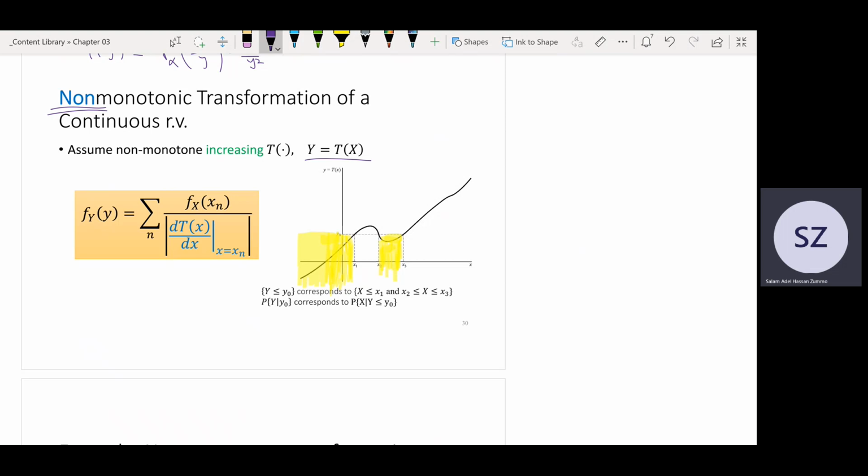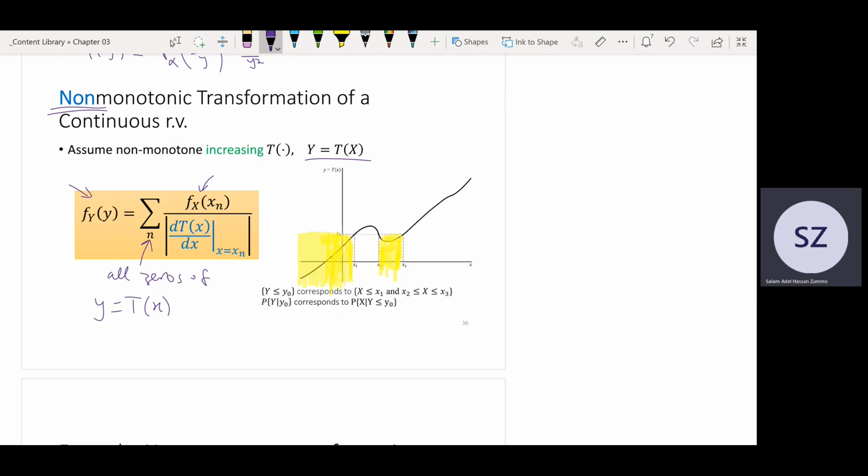In this case, the PDF of y will be the PDF of x. However, we need to sum over all zeros of T(x) equal to y. Okay, so x_n here is the nth zero.